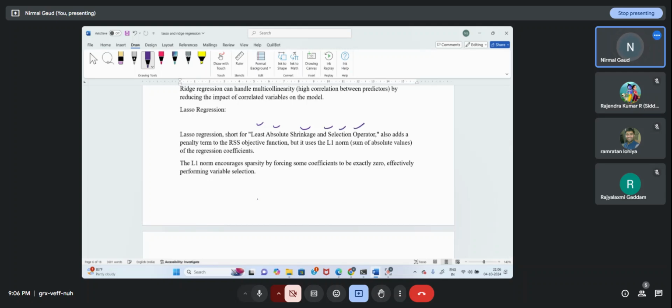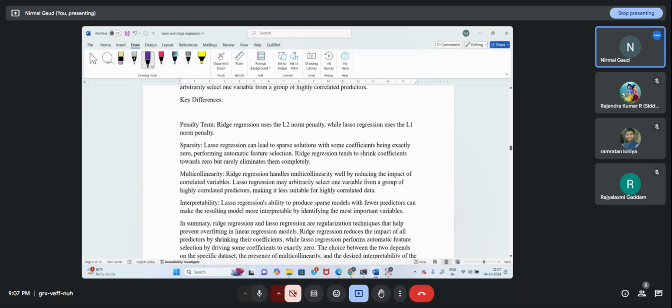That is the full form of Lasso. Least Absolute Shrinkage and Selection Operator, that is the name of Lasso. Fine. L1 forces the coefficients to become exactly zero.